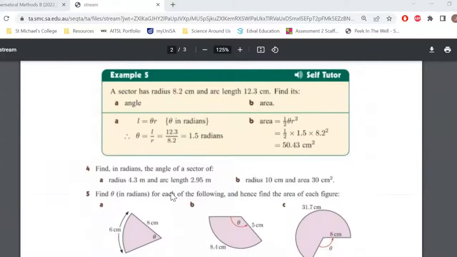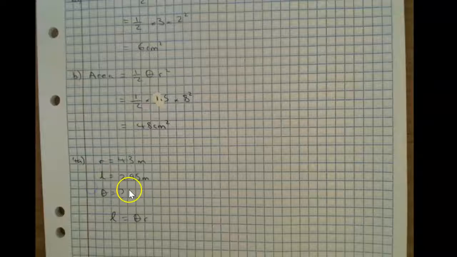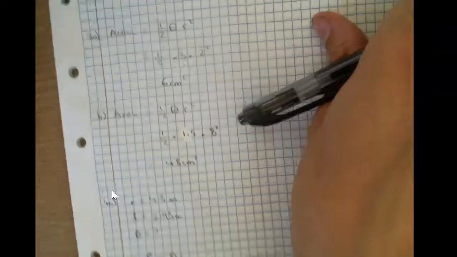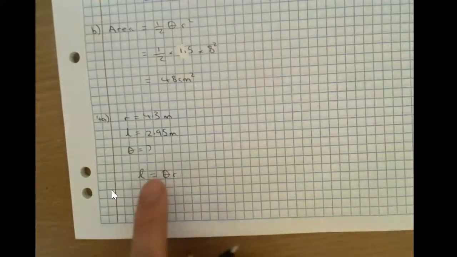So let's have a go at question 4 because it is slightly different. Find in radians the angle on the sector of radius 4.3 and arc length 2.95. I would start off by writing all of this information down. So the radius is 4.3 meters, the arc length is 2.95 meters, and we're asked to find the unknown angle theta in radians. So I've written my equation.